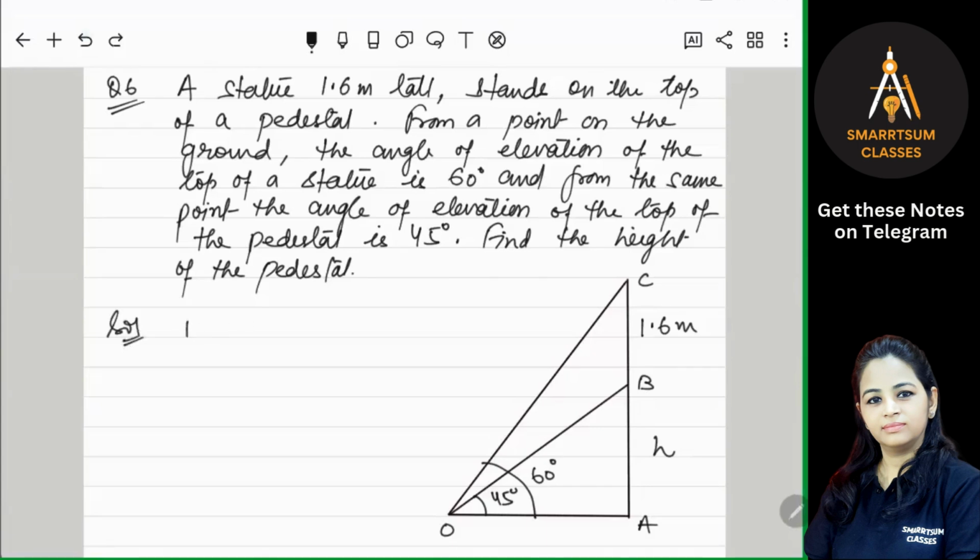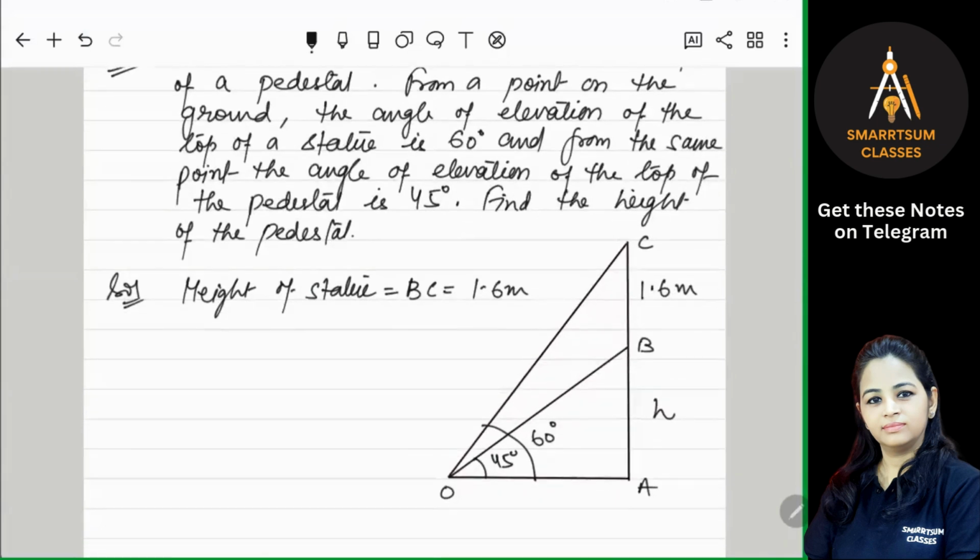Height of a statue is BC, that is 1.6 meters. And now we have to find AB. So AB is AC minus BC. Hearing that? We have AB is AC minus BC.